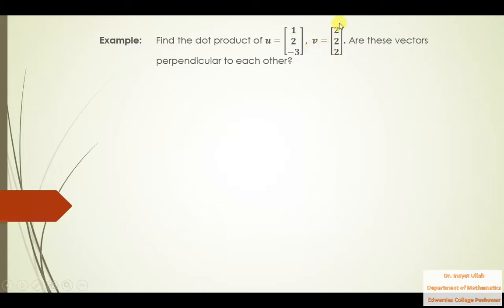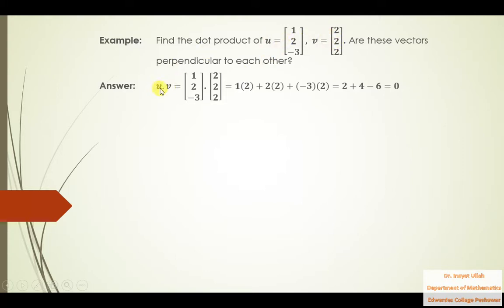Secondly, v vector is given to you in 3D: 2, 2, 2. So the question is, find the dot product of these two vectors. That is the first part. Secondly, are these vectors perpendicular to each other? That is the question.